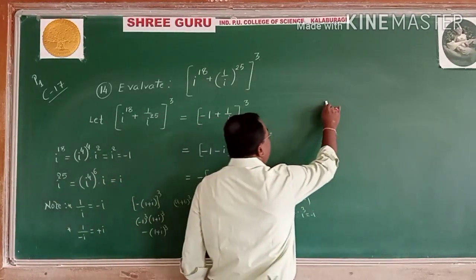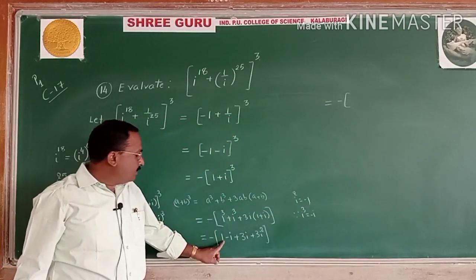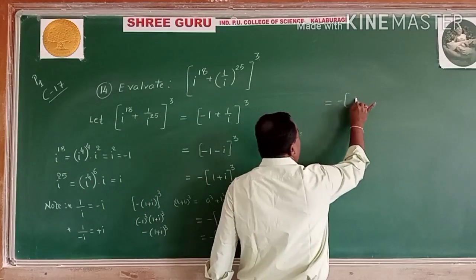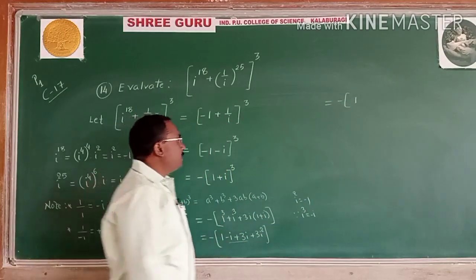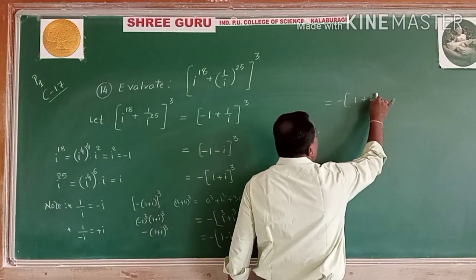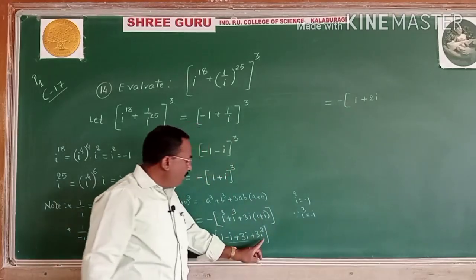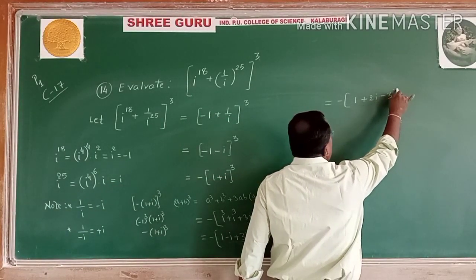That is minus, as it is here, minus. That is 1, then these two: plus 3i minus 2 minus i, plus 3i minus i plus 2i. i square value is minus 1, plus minus minus 3.